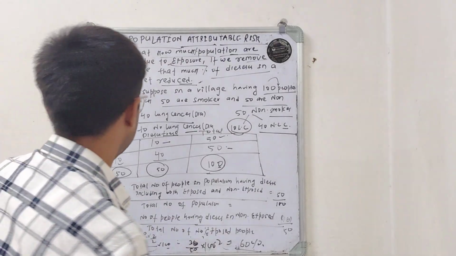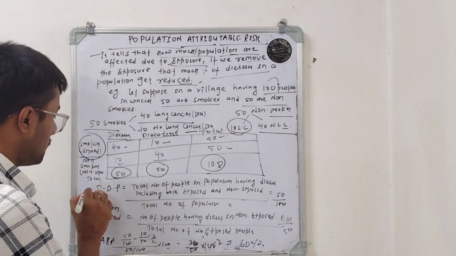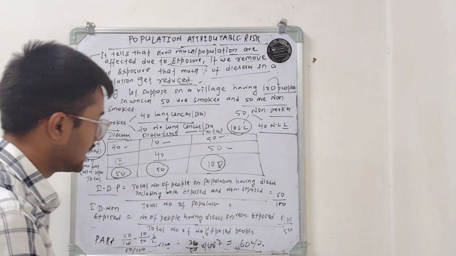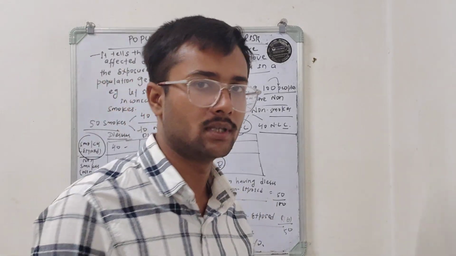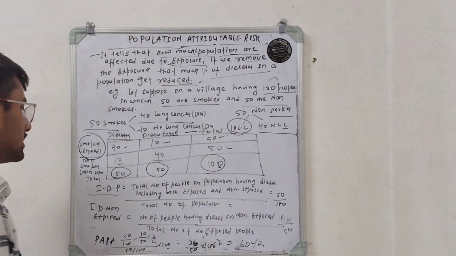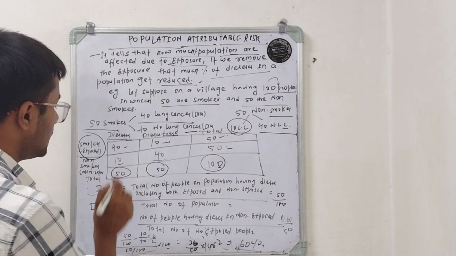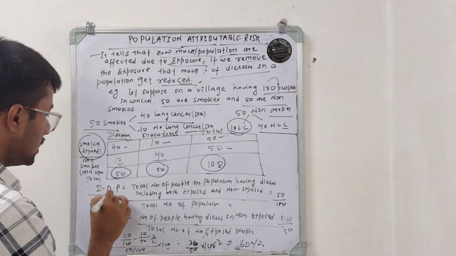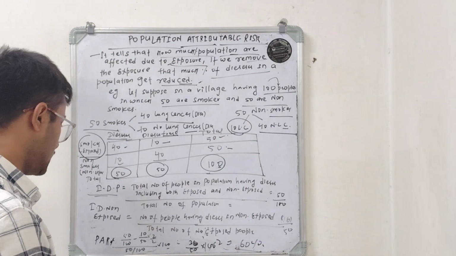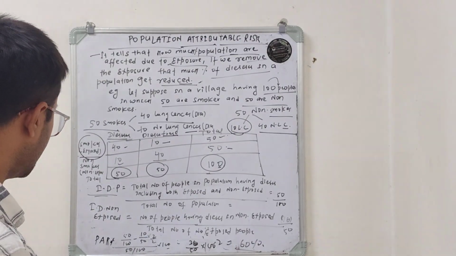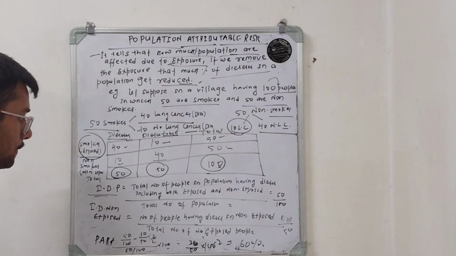attributable risk. So what is the formula of population attributable risk? Before I discuss the formula of attributable risk percentage, we first try to understand the meaning of incidence of disease in a population.